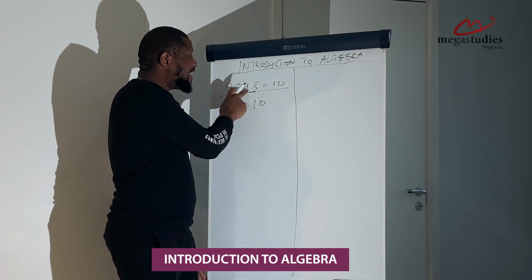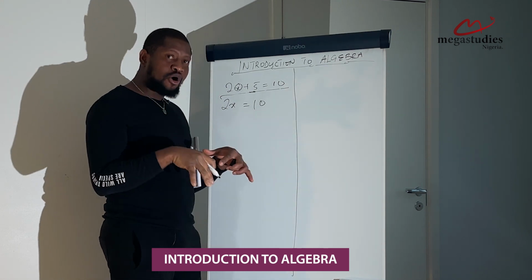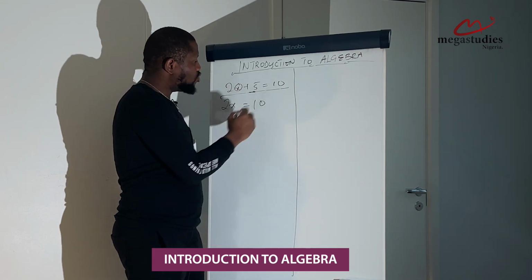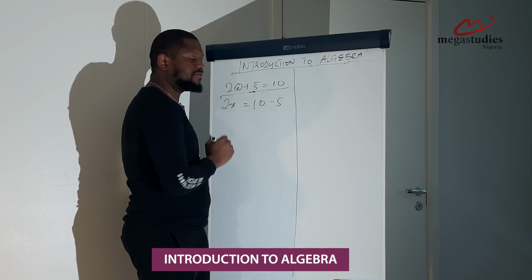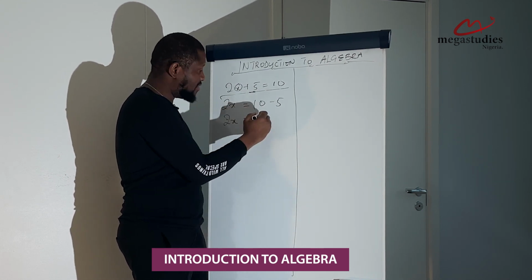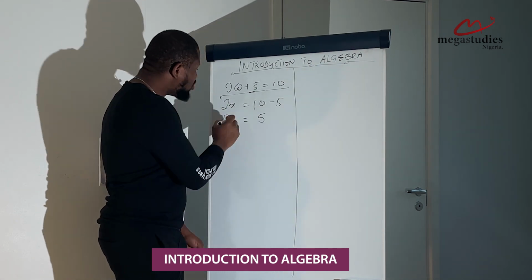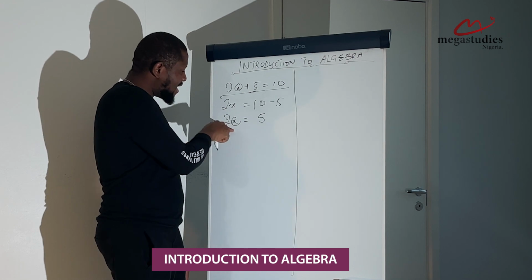Mind you, don't ignore the sign. You have to remember the sign before the number. You have 10 - 5, such that you have 2x = 10 - 5, which gives you 5. Then you are looking for the value of x, not 2x.